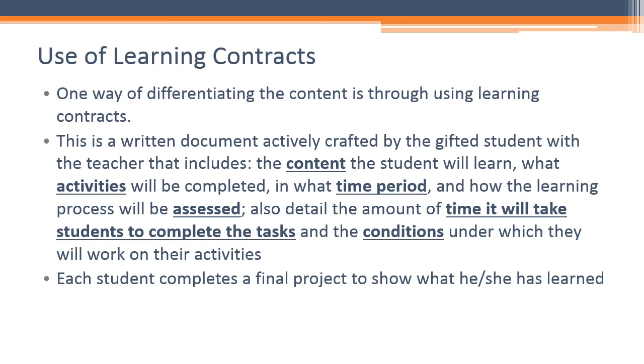It also details the amount of time it will take students to complete the task and the conditions under which they will work on the activities. Okay? And in the learning contract, they need to have a final project as an evidence of their learning. So basically, learning contract, it outlines the content, the focus of the contract.